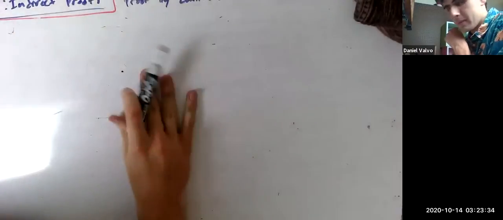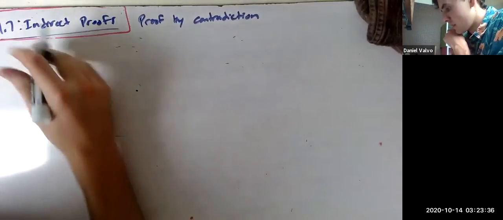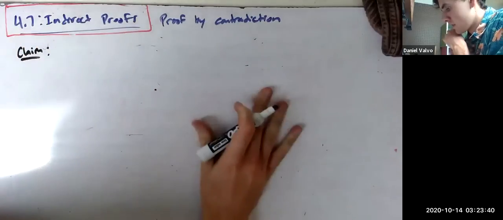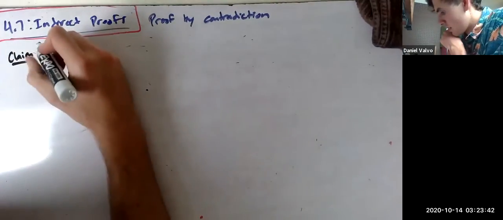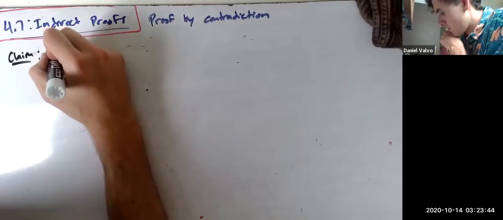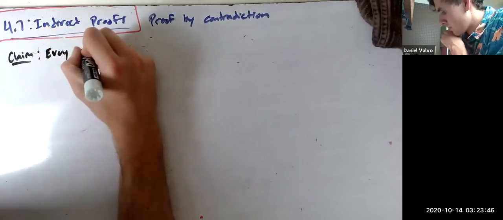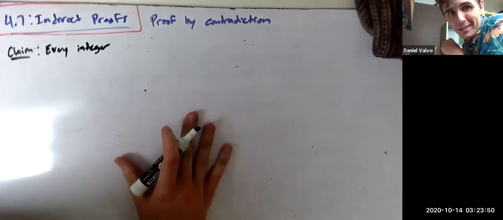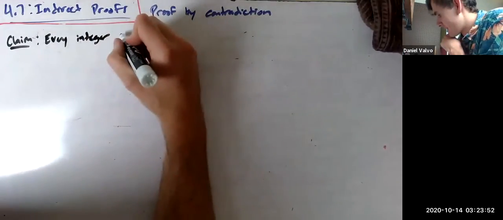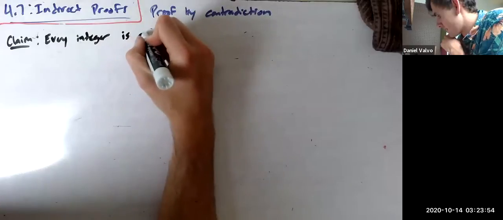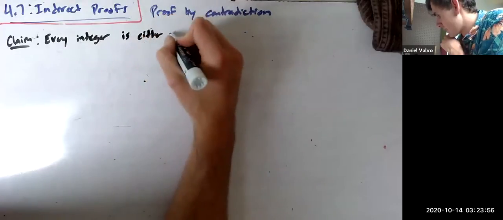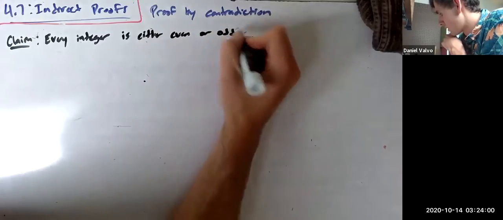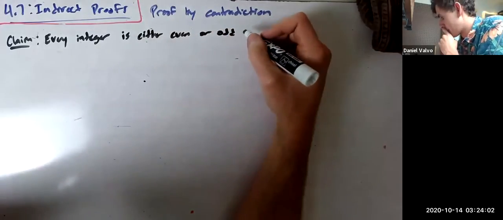So here's a claim. Every integer is either even or odd.